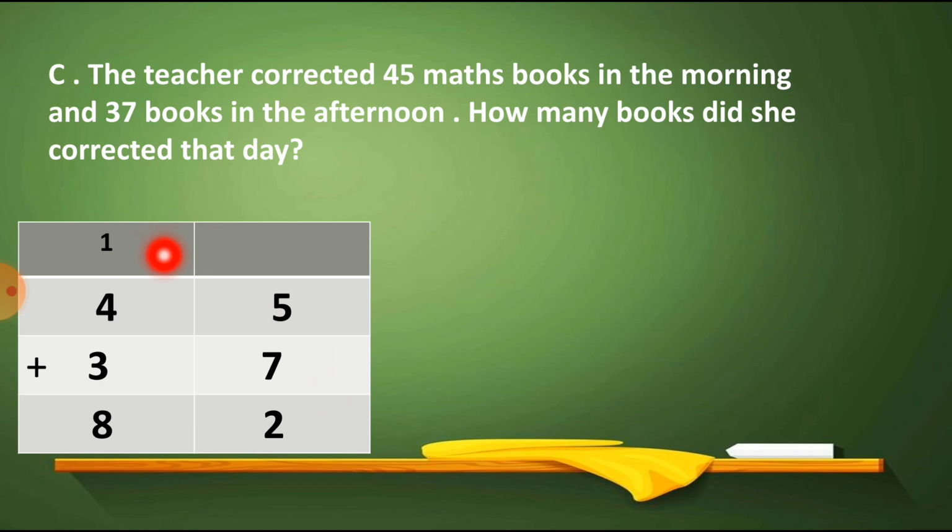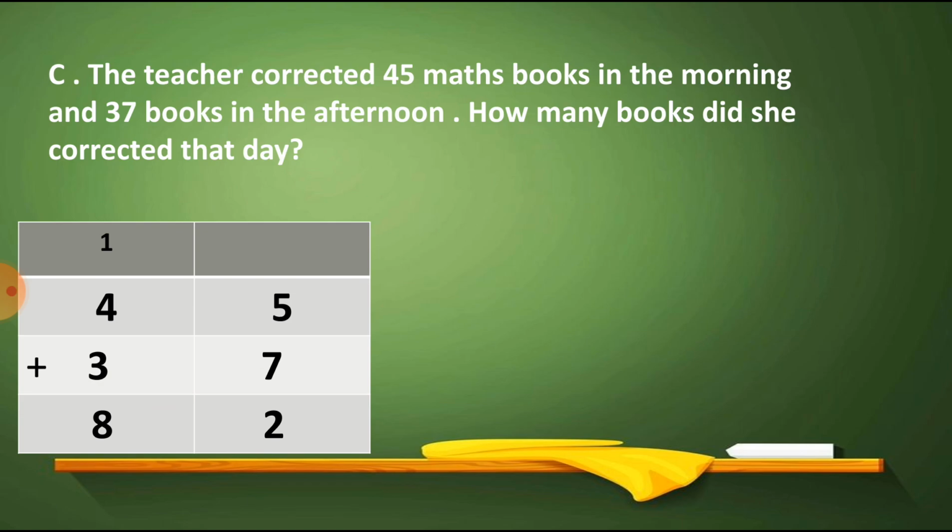This is a carry-forward number, and we have to add it in the tens column. In the tens column, 1 plus 4 plus 3 is equal to 8. So the answer is 82 books she corrected that day.